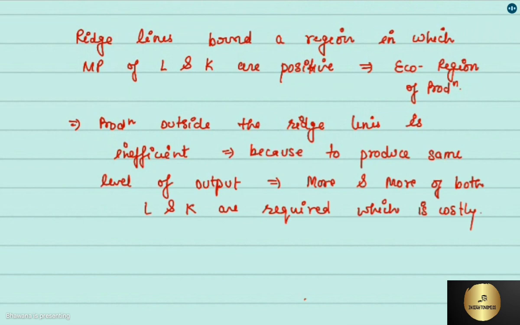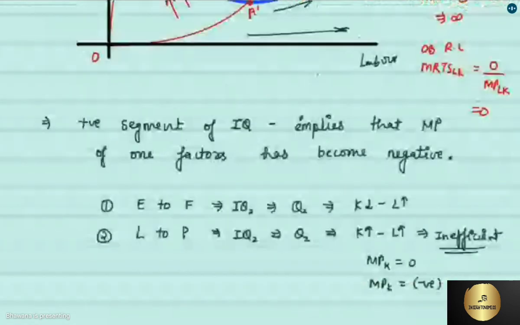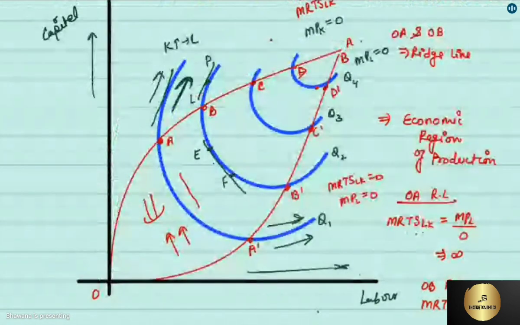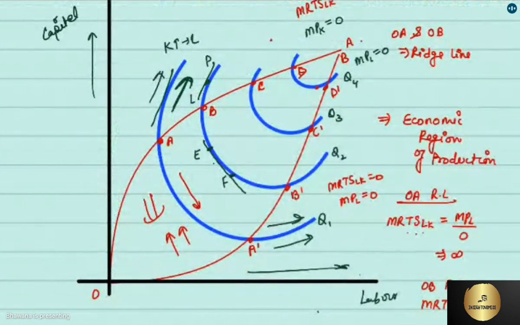So ridge lines bound the area known as the economic region of production, where your isoquants are downward sloping, which says that to produce the same level of output, if you are moving from point A to A dash, then you need to increase labor and decrease capital so that your level of output remains constant. And if you are moving from A dash to A, then you need to increase capital but decrease labor to keep your output constant.